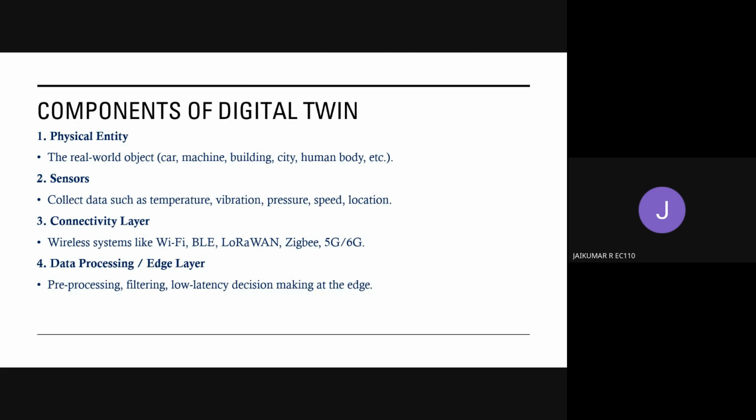It may be some other machine, or a cloud, or a server, etc. You need to send those sensor data to some other location, or it may be a cloud, or some other machine, or the digital twin, that is your digital copy. For that we need to have connectivity protocols like Wi-Fi.